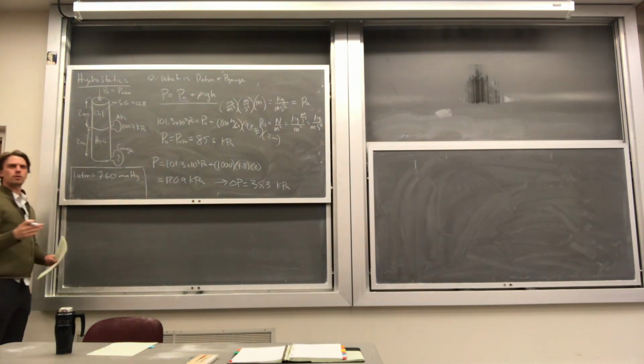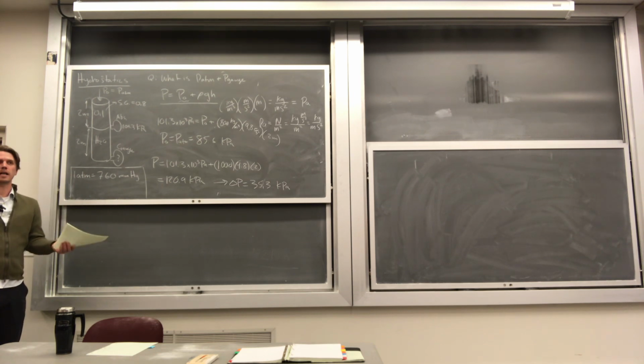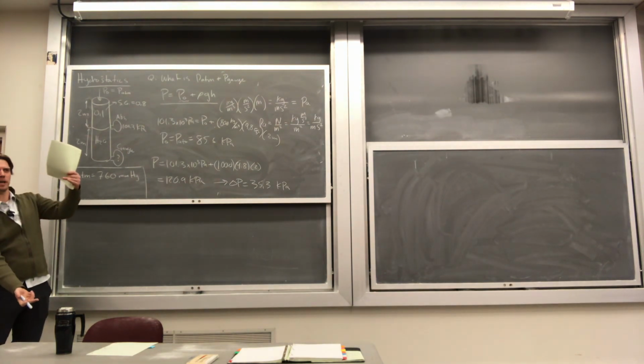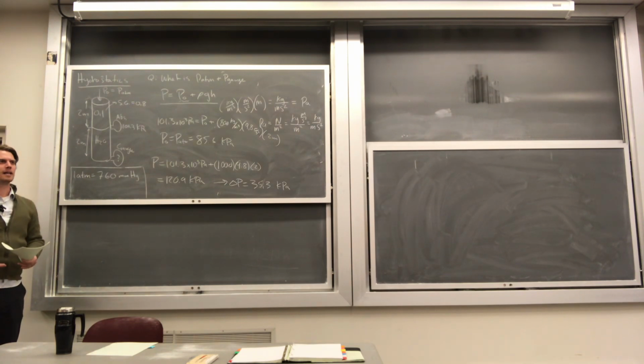Why do we use millimeters of mercury as a unit at all? It's traditional because mercury is super dense. So back in the days when we had to make barometers, right, a barometer is just a simple manometer. Take a tube, fill it with mercury, put your finger on it, flip it upside down. Actually, you probably don't want to put your finger on it because it probably weighs far too much for you to do that.